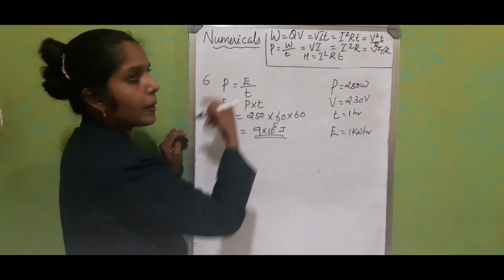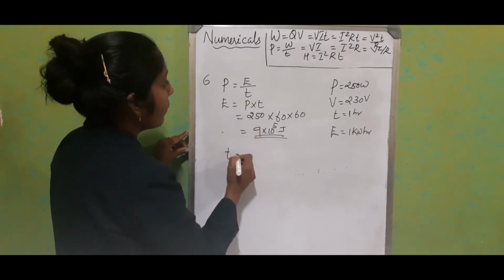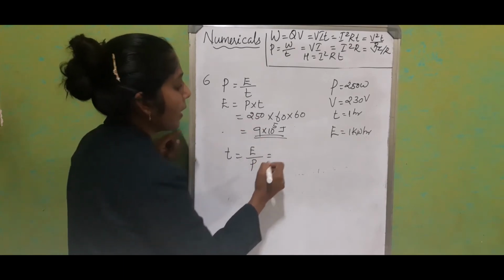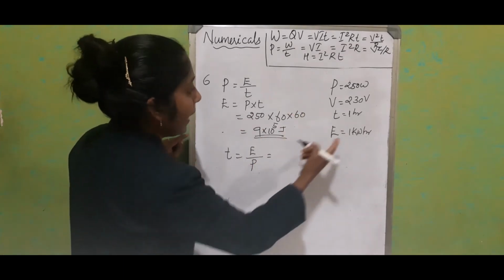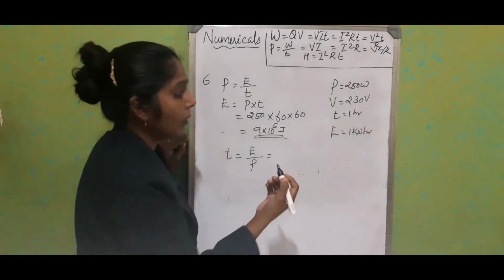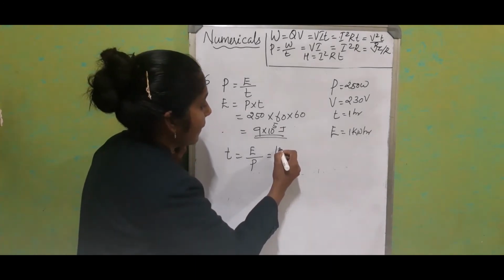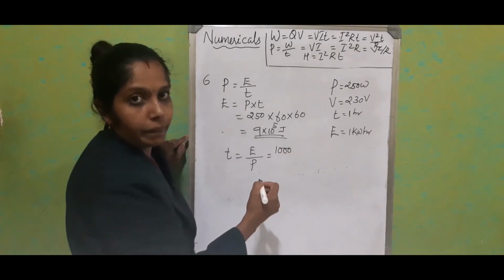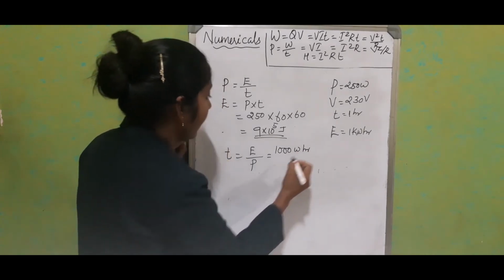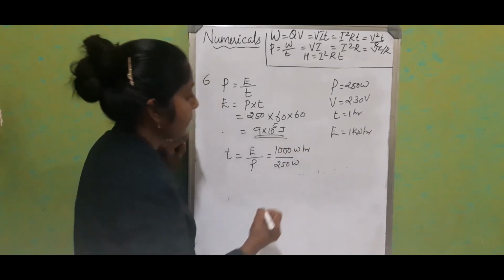Same equation we can use. If we rearrange the equation, what will we get? Time is equal to energy by power. Energy is 1 kilowatt hour, which we can write in watt-hour as 1000 watt hour, divided by power 250 watt.